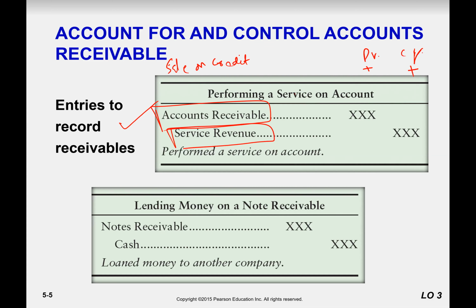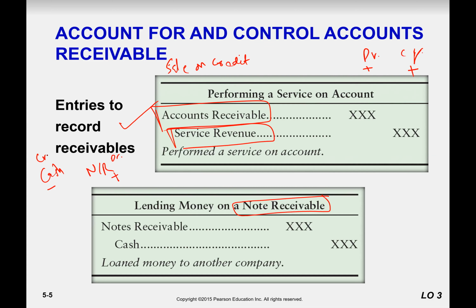Okay, and the second part is issuing a note receivable. If you issue a note receivable, or if you lend money to some other businesses, it means your cash goes down, right? Cash decrease, and you create note receivable, asset increase. So asset increase, debit, asset decrease, credit.